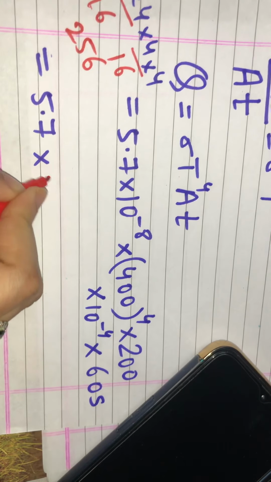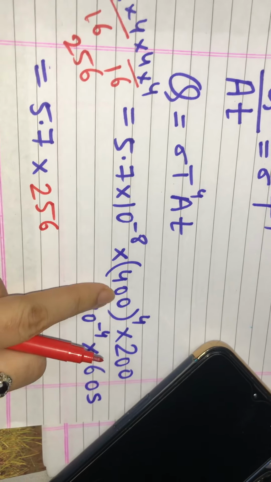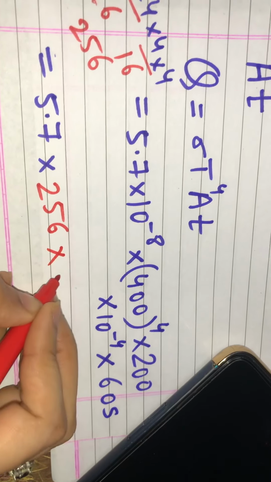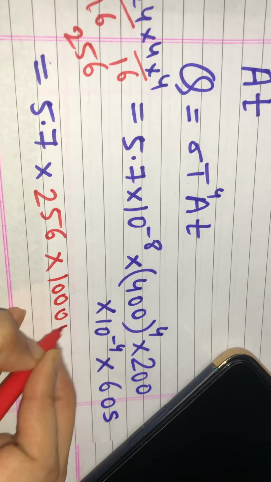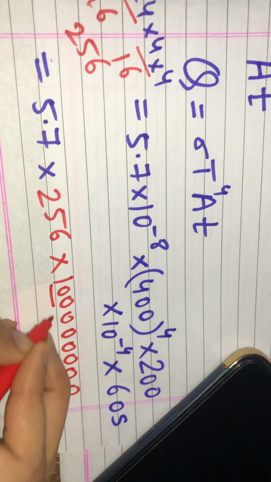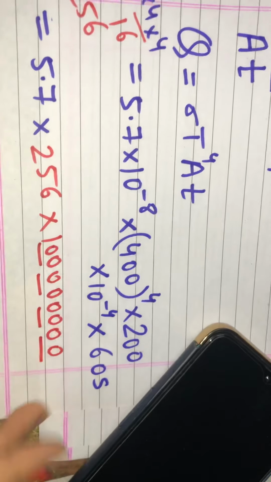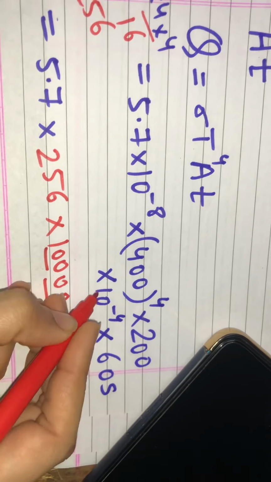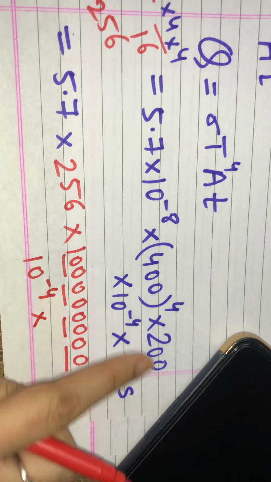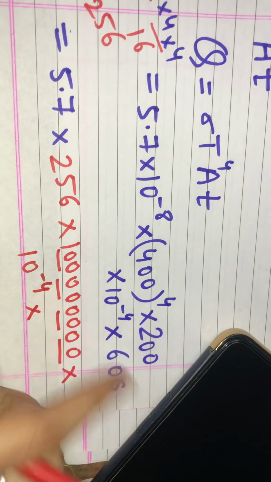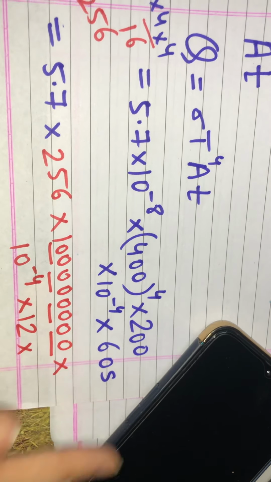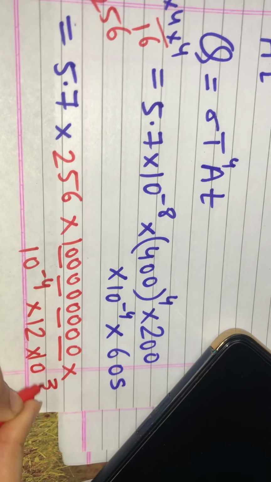So here it is 256, and here 2 zeros four times, that is 1 time, 2 times, 3 times, and 4 times. Then it is 10 raised to minus 4 into 2 sixes are 12, and 3 zeros, that is 10 raised to 3.